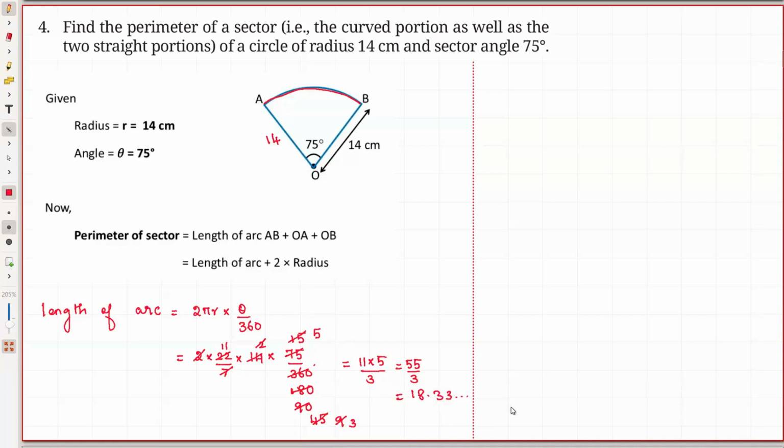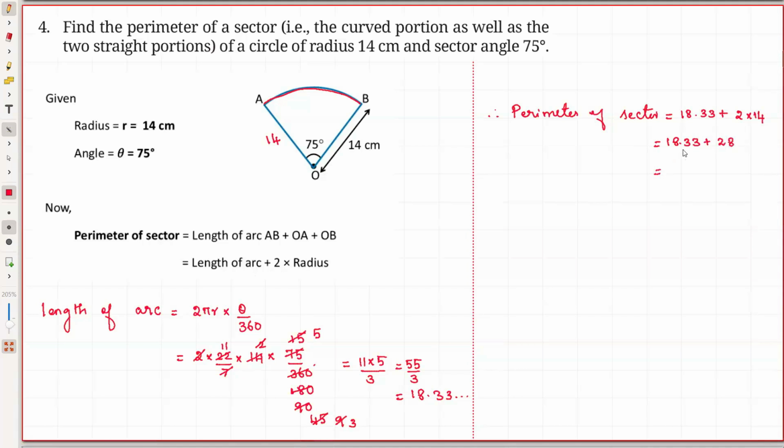So now radius is already given, so we can write perimeter of the sector is equal to length of an arc, which we got as 18.33, plus 2 times radius, 2 into 14, which is 28.